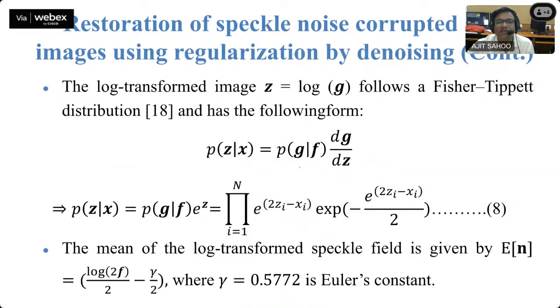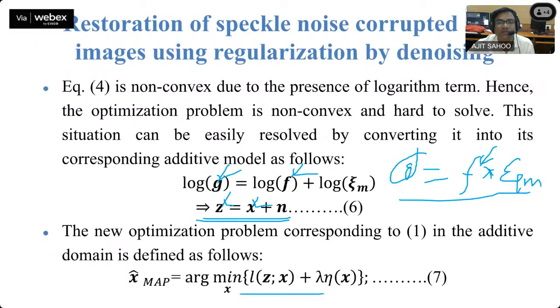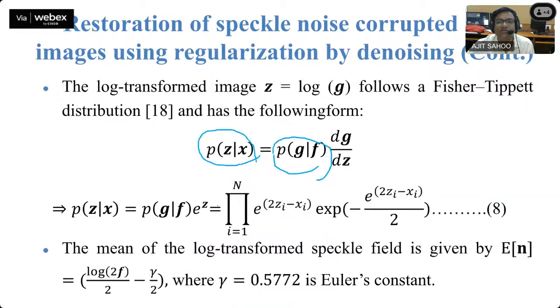But from the P G by F, how to get P Z by X? Because you have changed the model from multiplicative to additive, now you also have to find the corresponding distribution function to apply the MAP function.